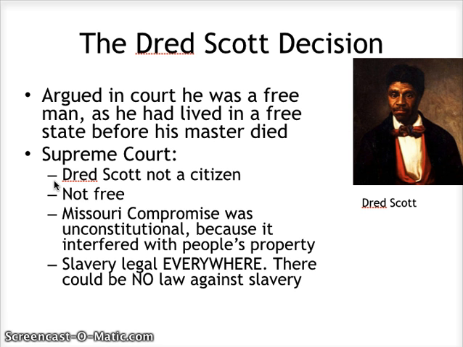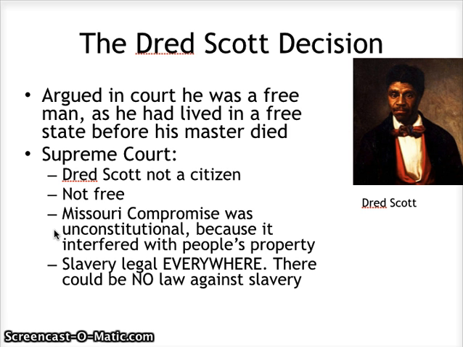This outrages people in the North, while people in the South are extremely happy with the Supreme Court's ruling in this case. The people in the North are basically saying that the Missouri Compromise was unconstitutional. Part of the reason the Supreme Court ruled against Dred Scott was because of the Missouri Compromise.